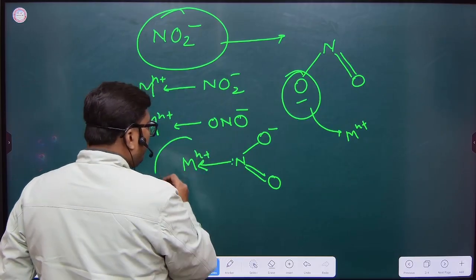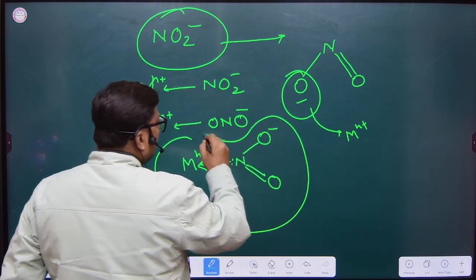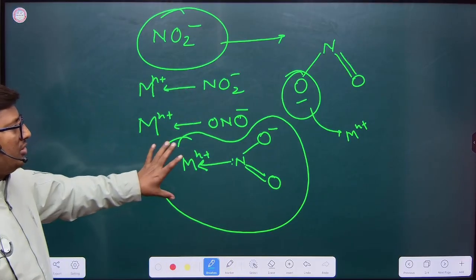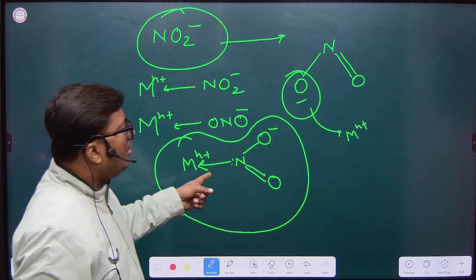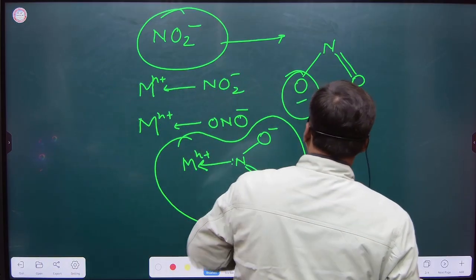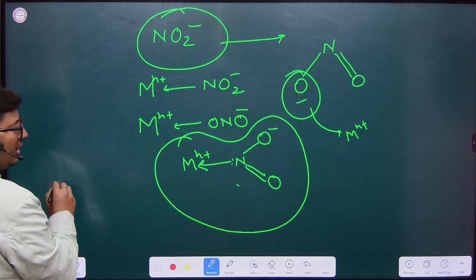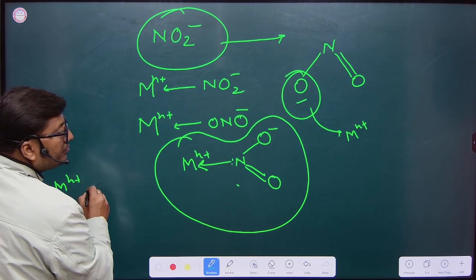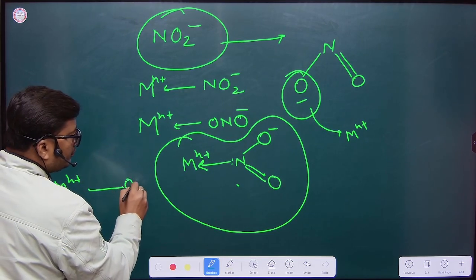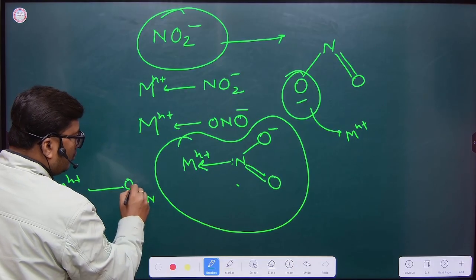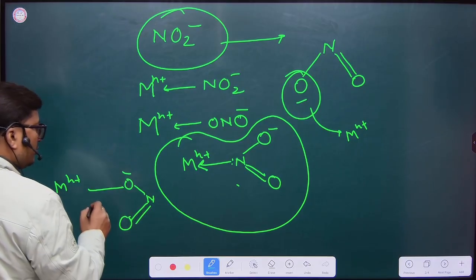So the chemical composition of the complex is same. This complex or this complex, you can simply say this is M n plus, O, N, O minus.